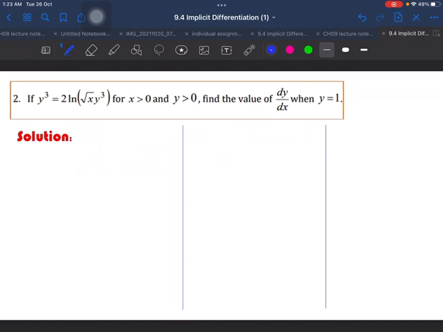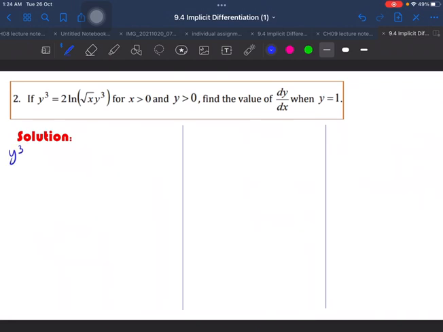Soalan ni kita nak cari dy dx dalam bentuk value, because the question is given when y equal to 1. First we need to differentiate to find dy over dx. Tapi kita boleh guna properties untuk memudahkan kita differentiate.